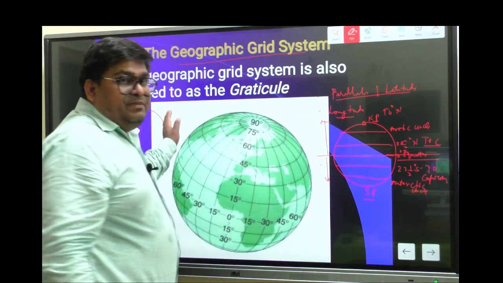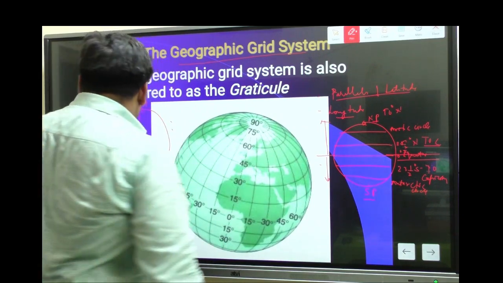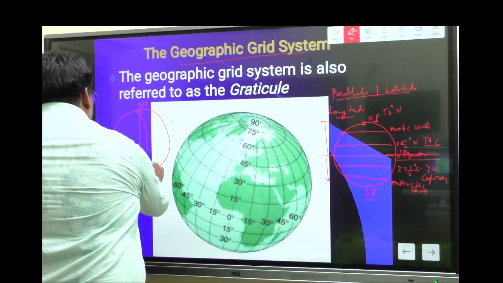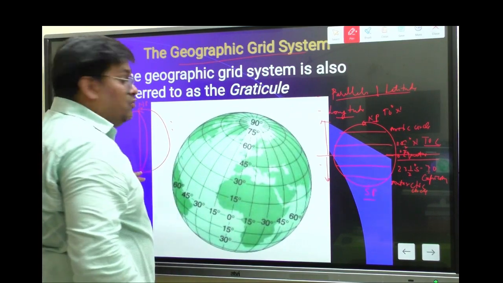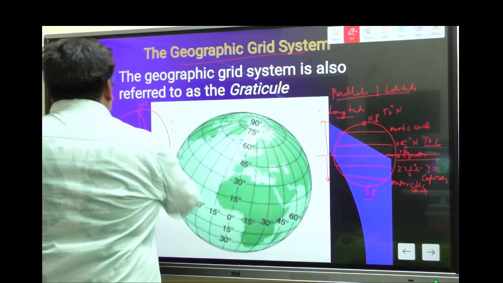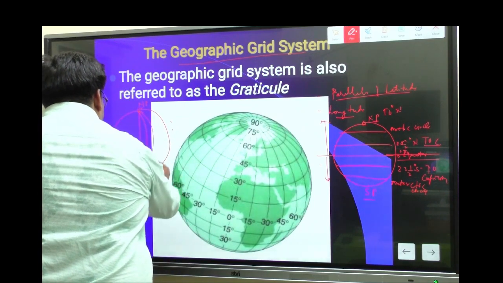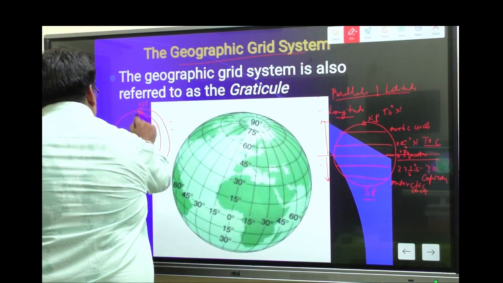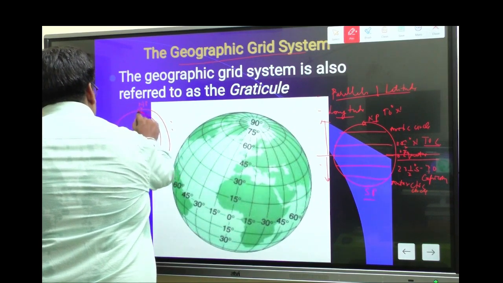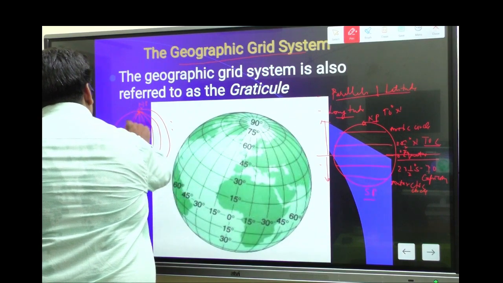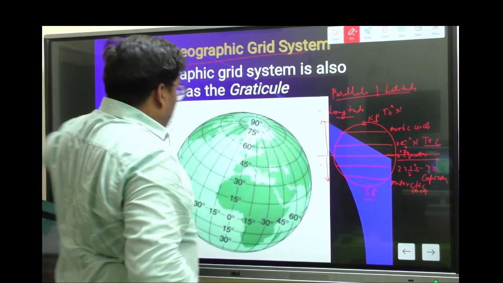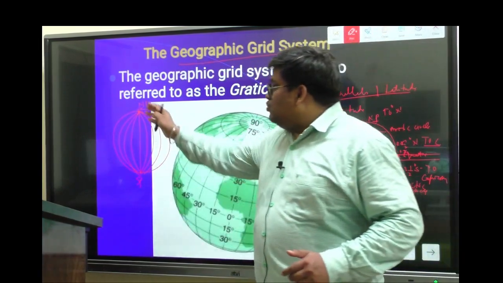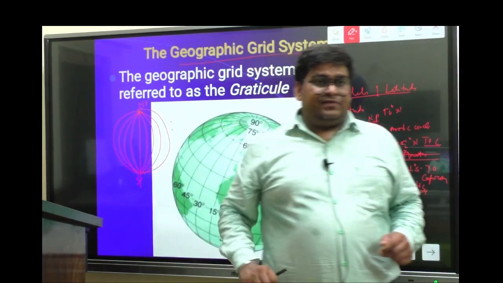So they have basically some sort of semicircles, so they originate from the northern pole and ultimately merge at the southern pole. Again, a second set of semicircles, a third set of semicircles, again this side, the western side, you have a set of semicircles. Now what you are going to see in this diagram is semicircles.